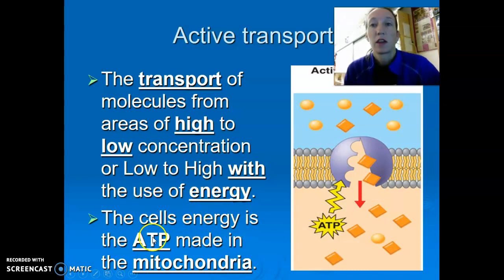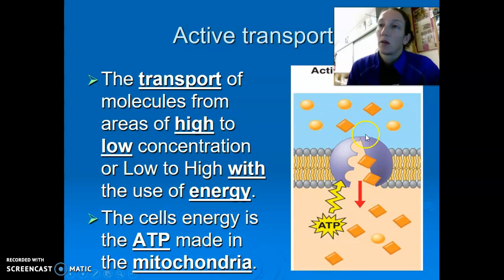So the cell's energy is the ATP made in the mitochondria. So if you look here, when I originally gave you the example of being in a kayak going down current, active transport can definitely go from a high to a low concentration. That hasn't changed. So it can go with the current, or if you have paddles, you can go against the current. So you can go from a low concentration to a high concentration, which you couldn't do with passive transport. So that's different. Here's a picture.